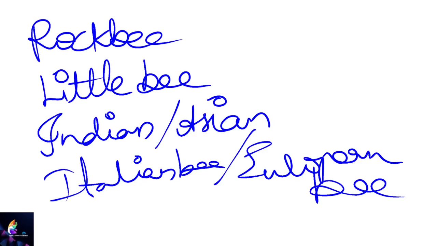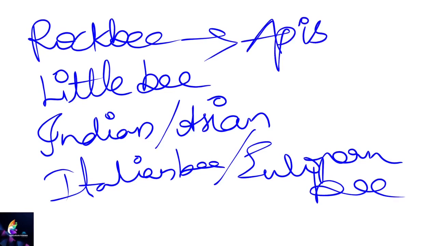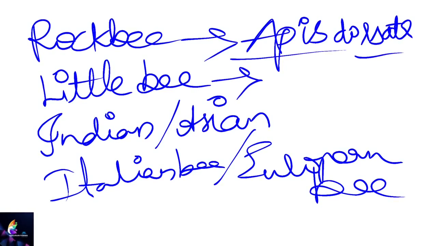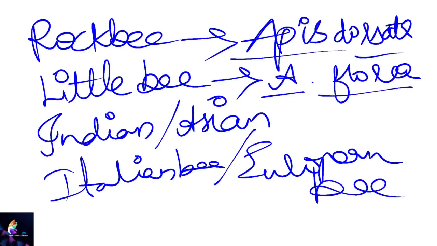We can see the scientific names for these. For rock bee, it is Apis dorsata. For little bee, it is Apis florea. For Indian bee, it is Apis cerana indica.